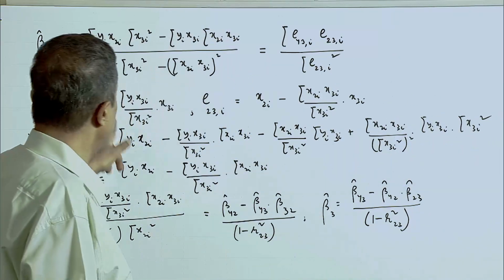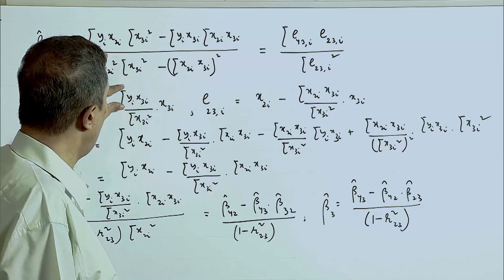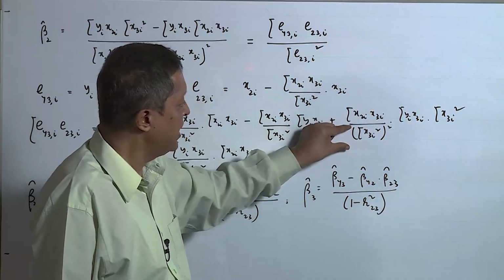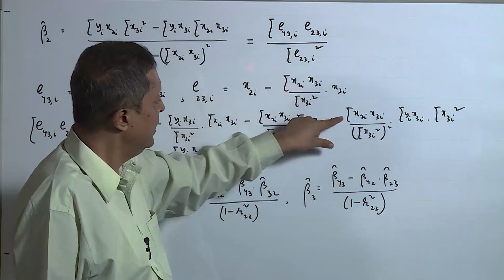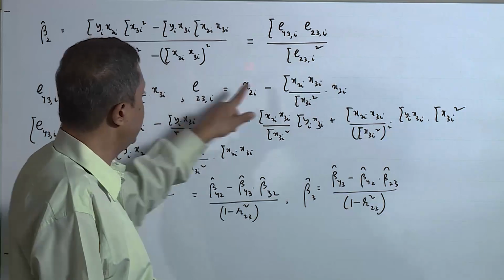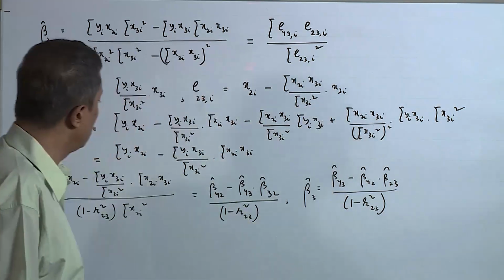So, that last term is minus and minus is plus, Σy x3, again Σx2 x3 divided by Σx3i square, that gives this whole square, and this x3 x3 that gives this x3i square.